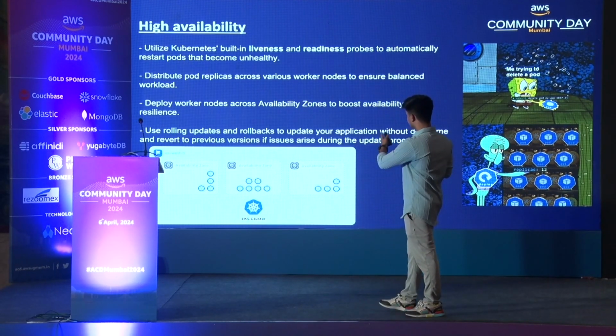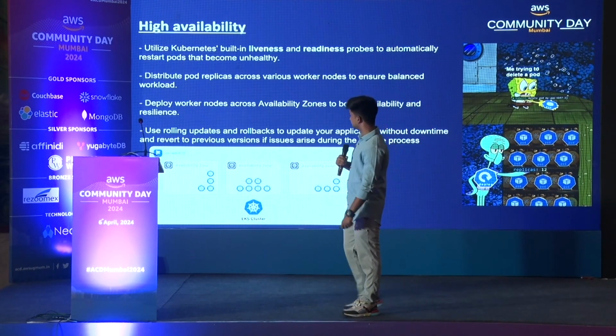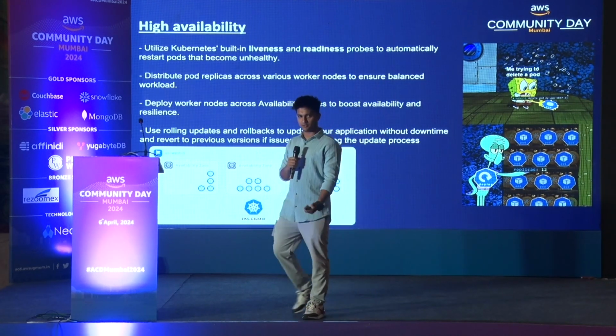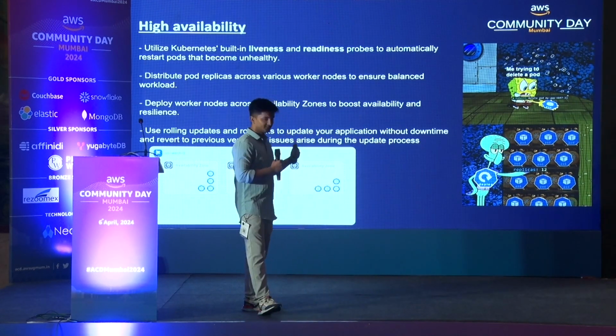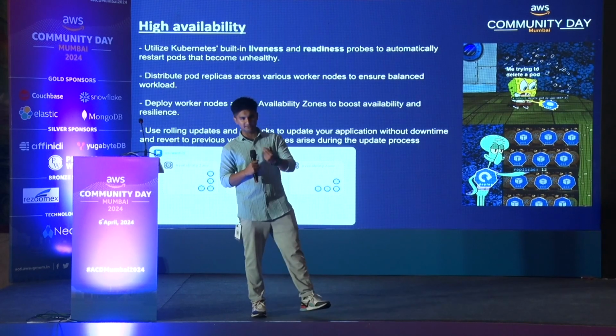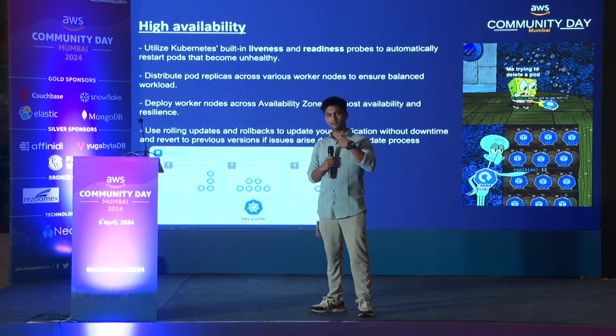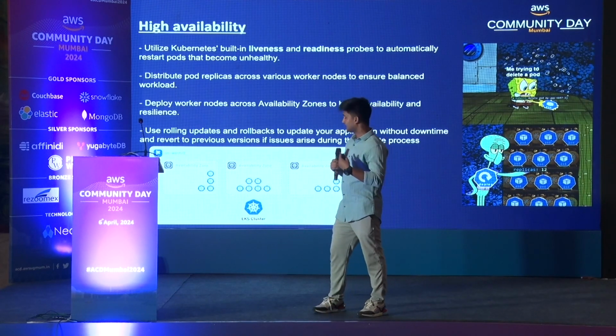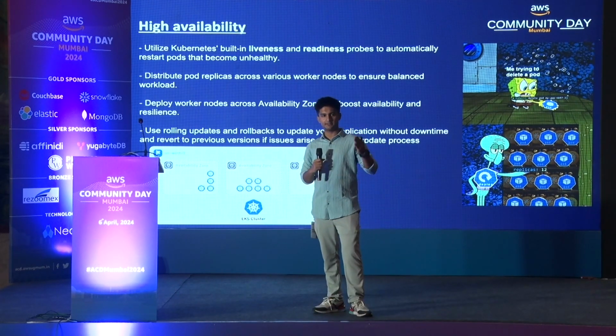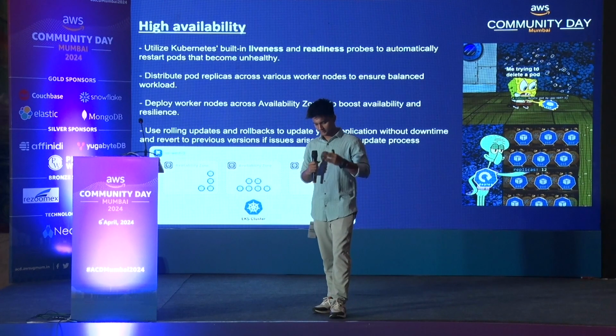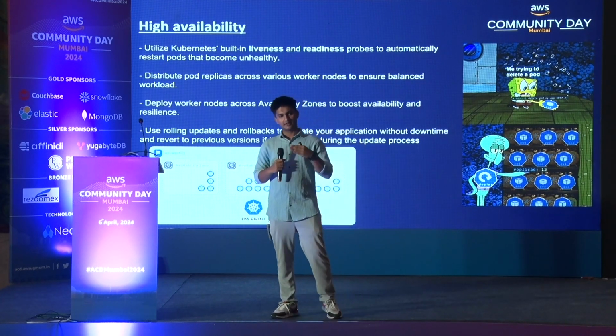But other things you can utilize to make sure your applications are running as you want are probes. In Kubernetes, there are 2 kinds of probes, liveness probes and readiness probes. These probes you can use to add a health check for your pods. Let's say you have a pod which is running on port 80 and it is showing something.